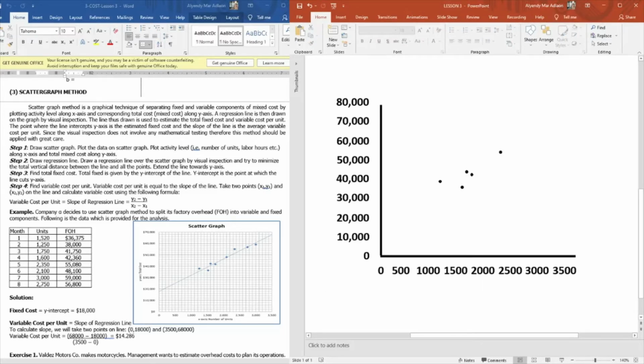Now, we also have 2,100 and 48,100. So 2,100 is near 2,000. If here is 2,000, then maybe 2,100 is here. And 48,100 should be below the 50,000.